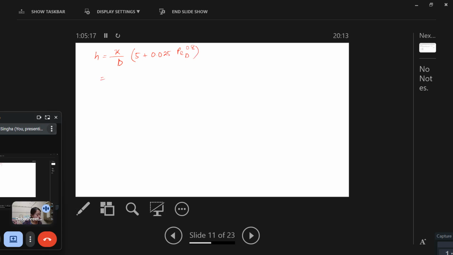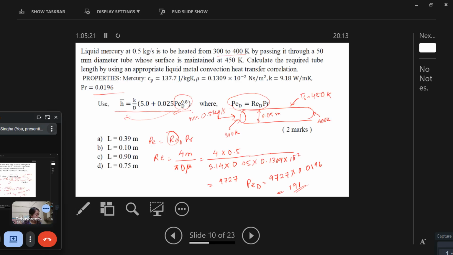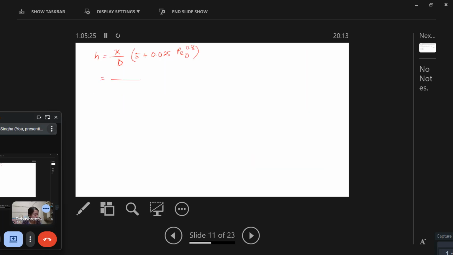Okay, so k is given as 9.18, then D is 0.05, into 5 plus 0.025 into Peclet number, which is 191, 191 to the power 0.8.